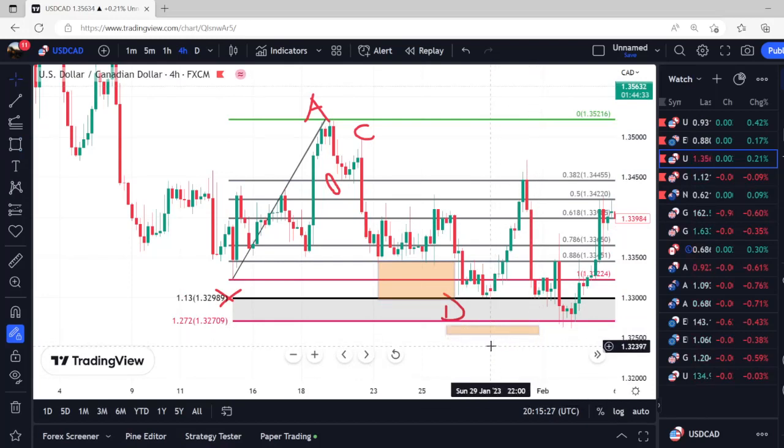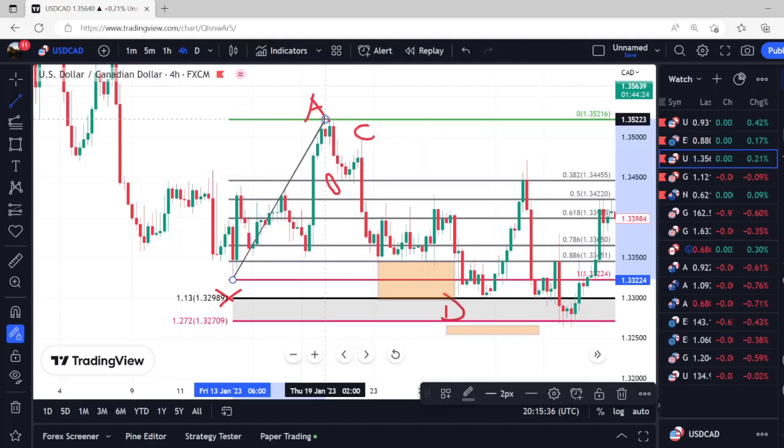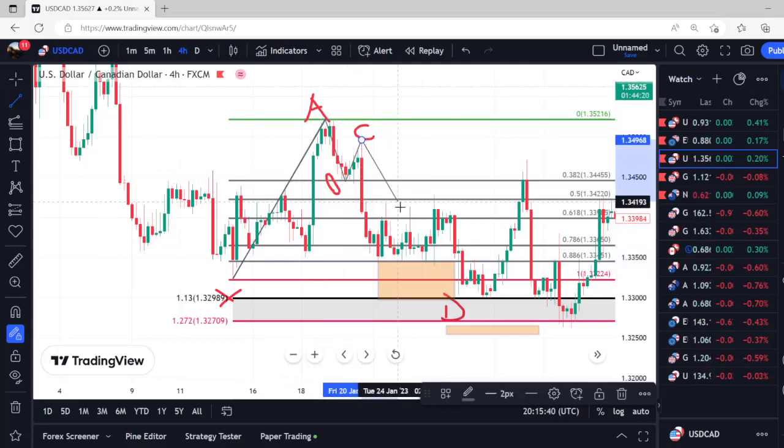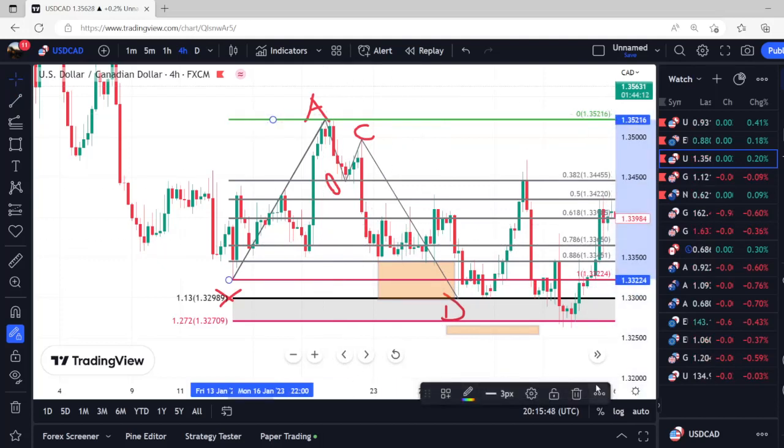Let me measure that out for us so it can be clear. So our X to A, and A to B, A to C, and then A to our 1.13 extension. I'll get rid of this because we don't need this anymore. It's done its job.